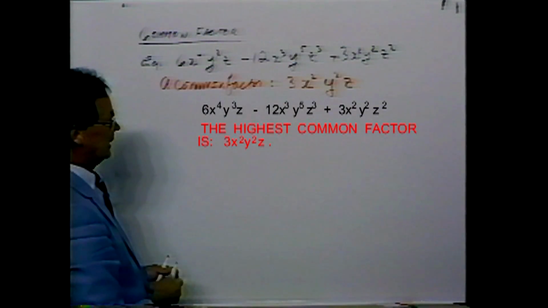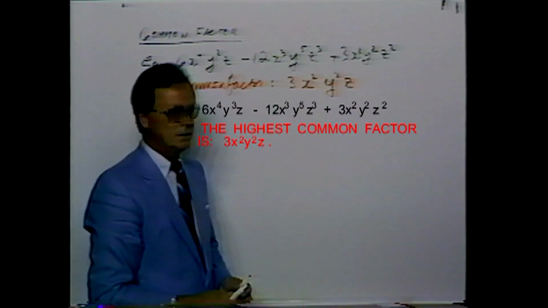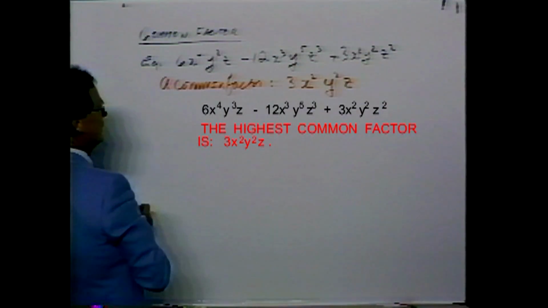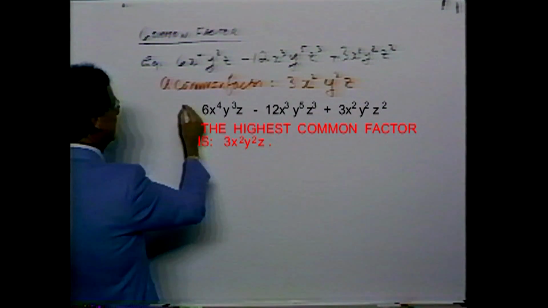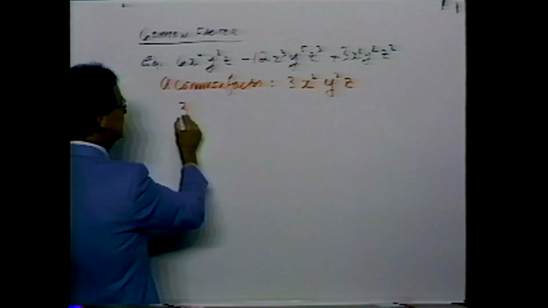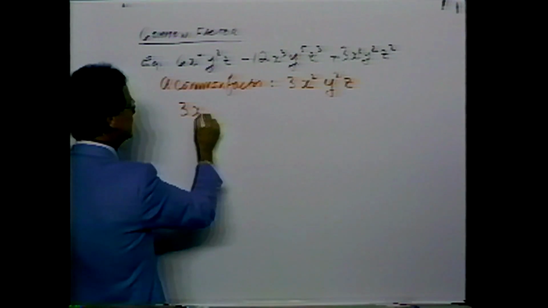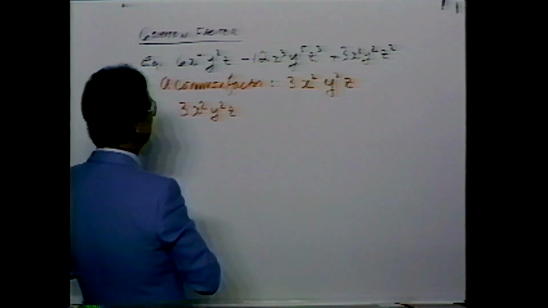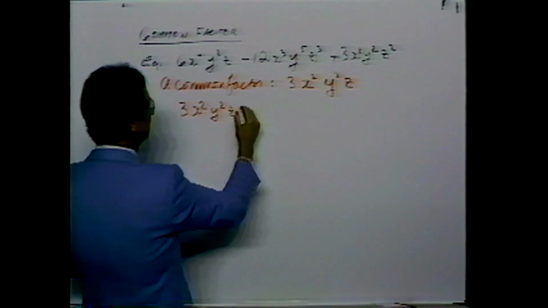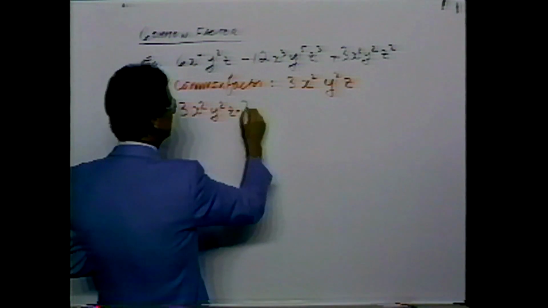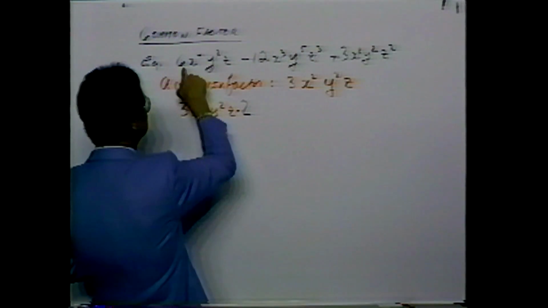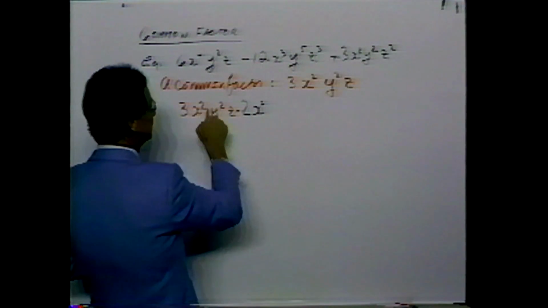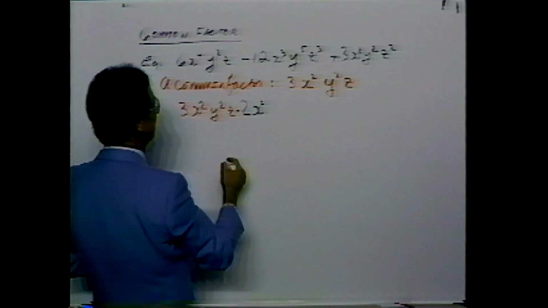Let's look at that 3x squared y squared z in the following way. I'm going to write 3x squared y squared z followed by 2, since 3 times 2 is 6, x squared, since x squared times x squared is x to the fourth.